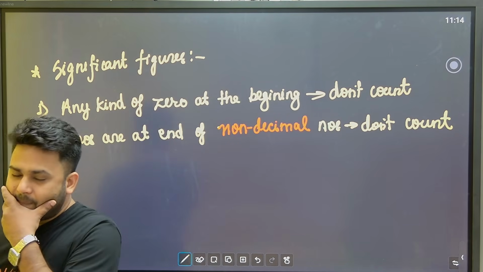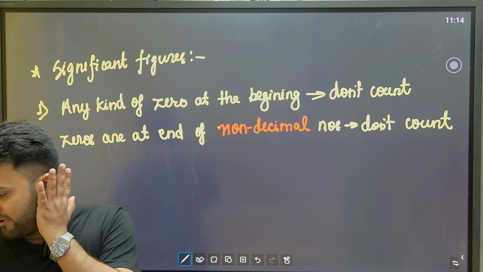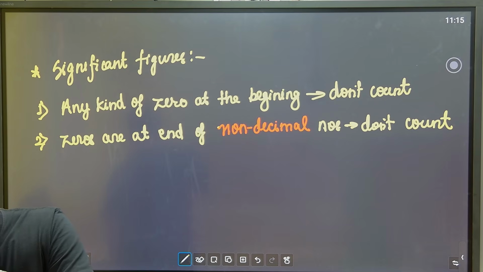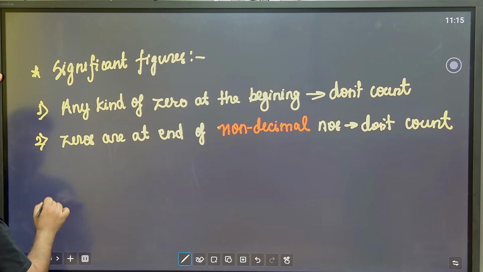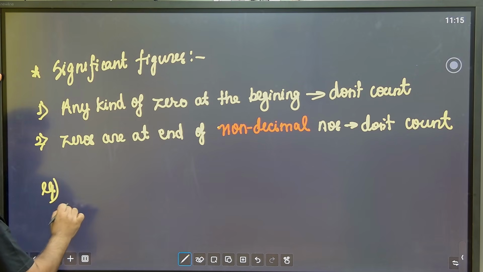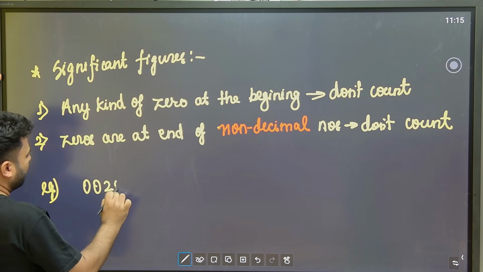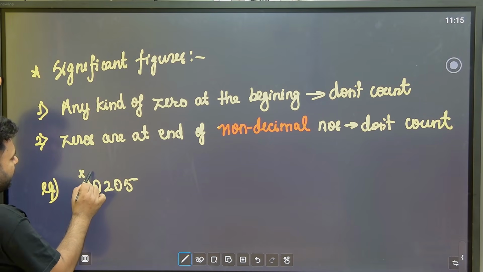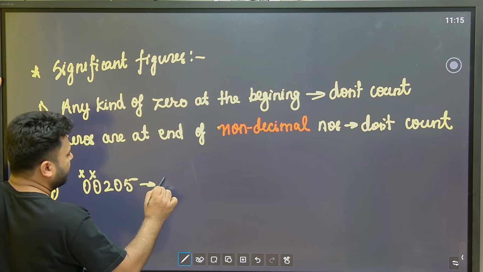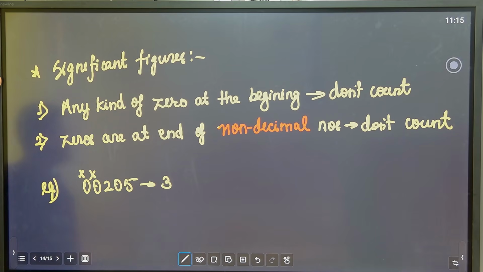For example, I am giving the first case. If you see 00205, they ask what is the number of significant figures. These zeros are at the beginning, don't count. So here we have 3 significant figures.